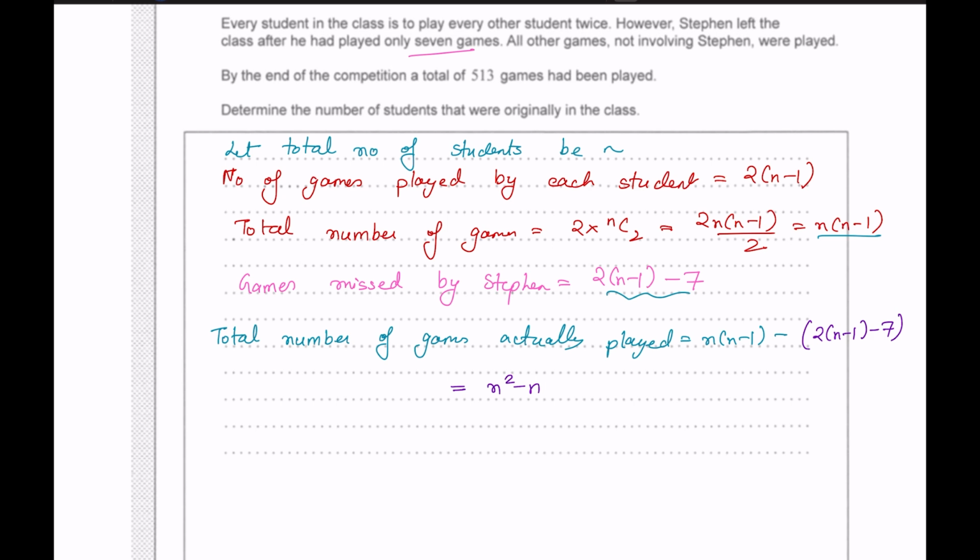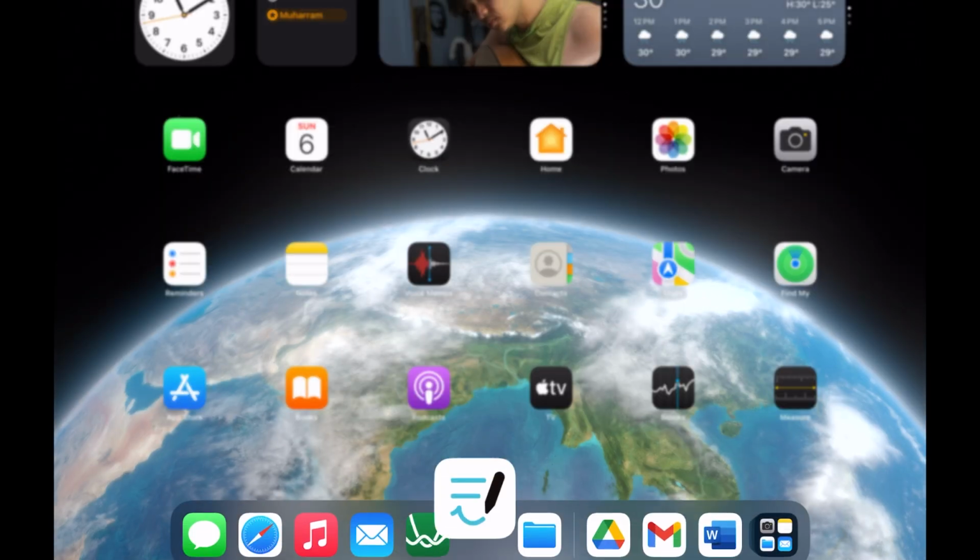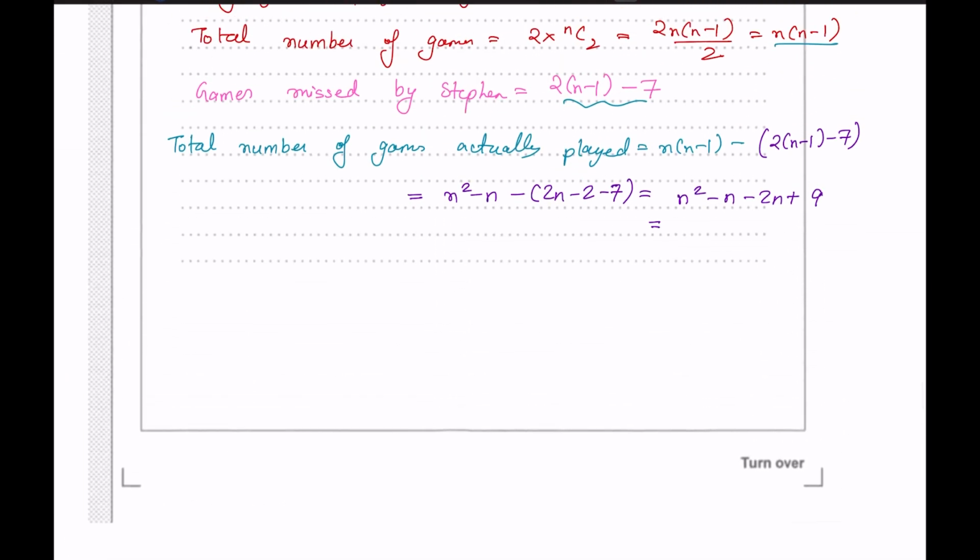N squared minus n minus 2n plus 2 plus 7, which is n squared minus n minus 2n plus 9. When you open the negative, lastly it will become n squared minus 3n plus 9.